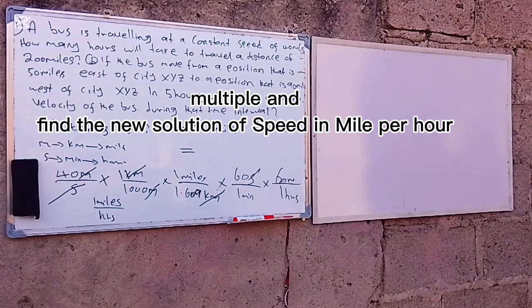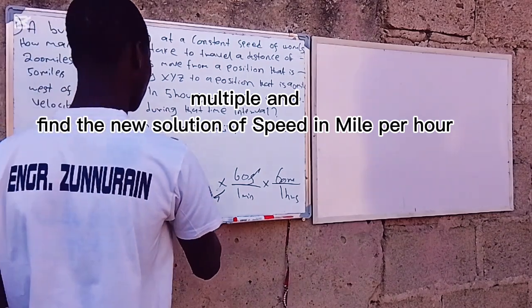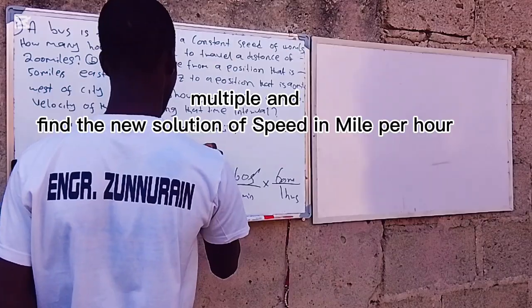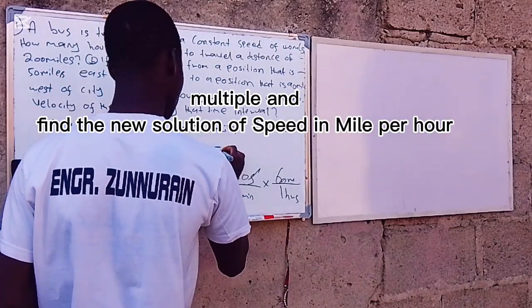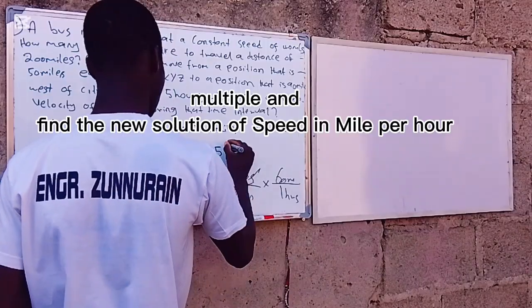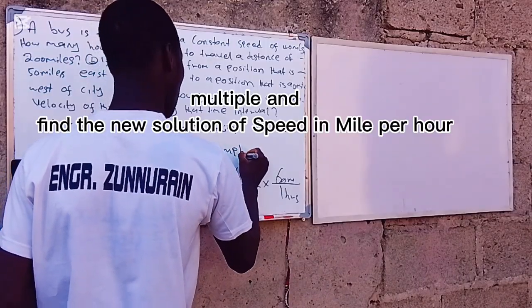So at the end I'll have 89.5, so therefore the velocity should now be 89.5 miles per hour.